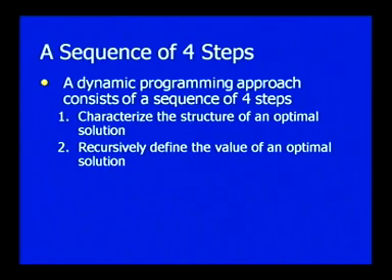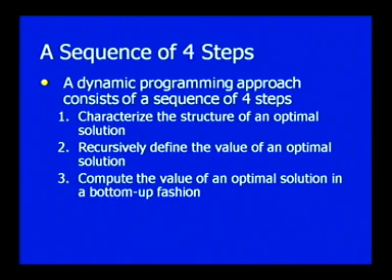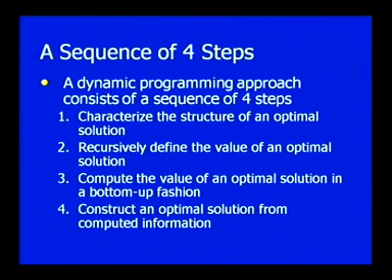So, the first step is to visualize your problem as a set of sub decisions. Second is to recursively define this, so try to formulate equations. Then compute the value of an optimal solution in a bottom up fashion, then construct an optimal solution from the computed information.